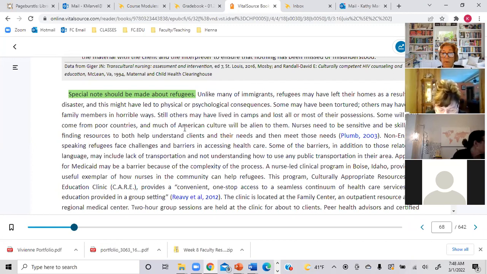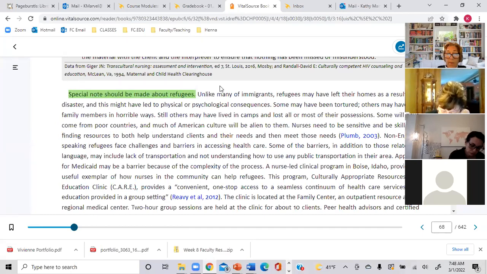The most important thing to remember about refugees, first and foremost, is that the first thing we should be assessing is what kind of support they need for the emotional and psychological consequences that they've come from. They may need resources, primarily maybe mental health and therapy, to start out with.